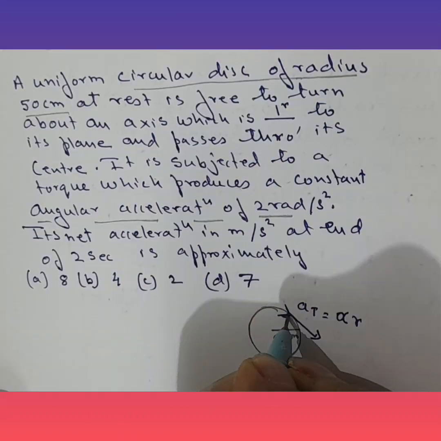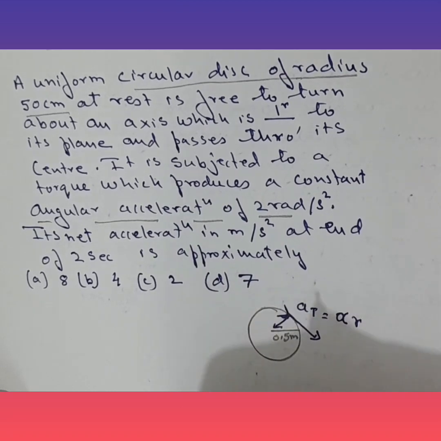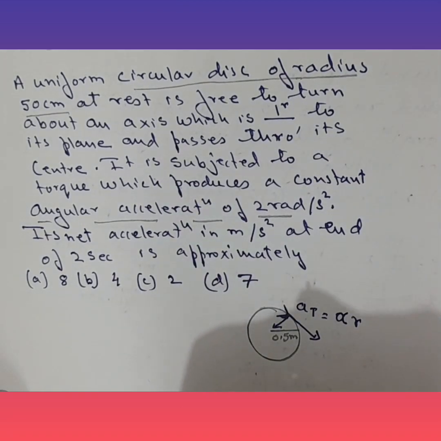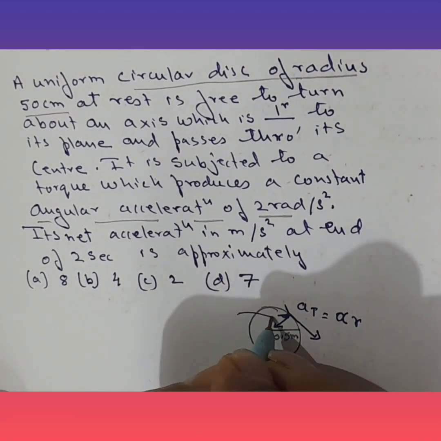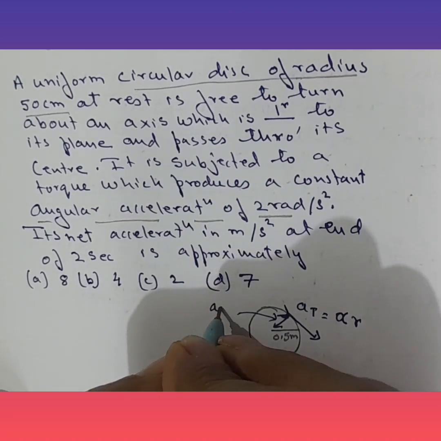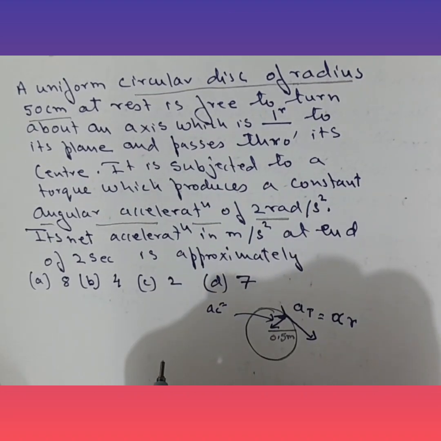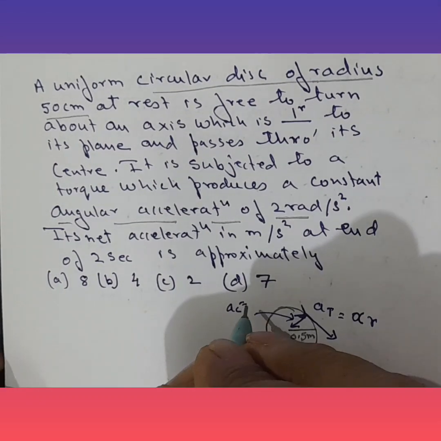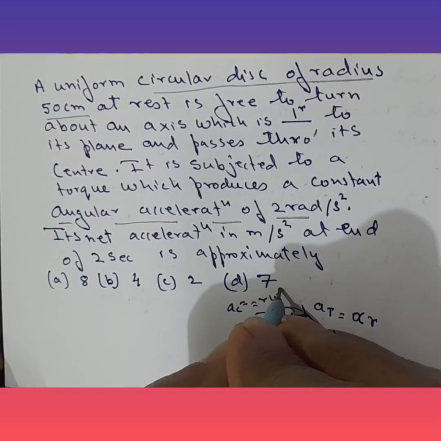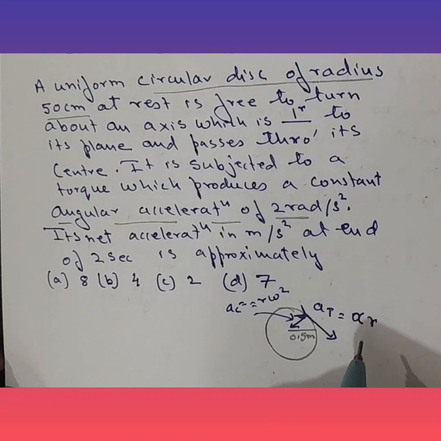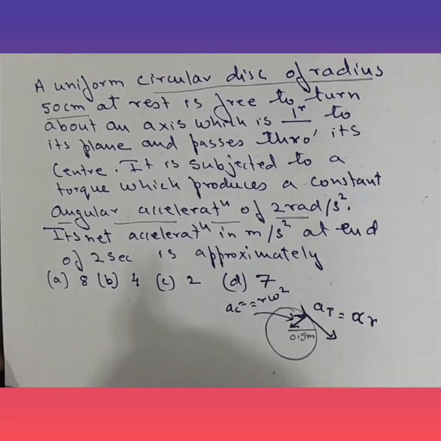The other acceleration would be centripetal acceleration, which I would write here as AC. The formula for centripetal acceleration would be r omega square. So r alpha and r omega square.